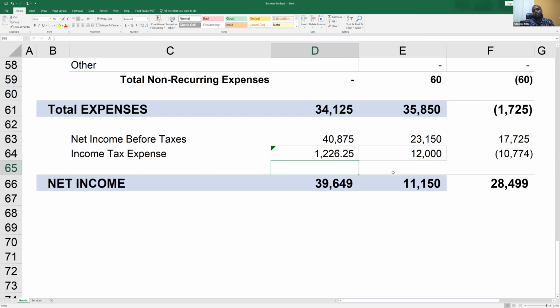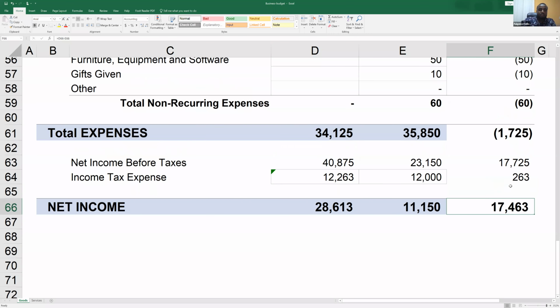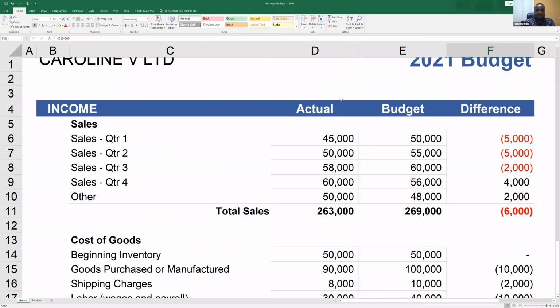That is 30%. So our 30% tax, we can put it to the nearest whole number. So that 30%, which is this amount of money, and you have your net income. So you're also able to see you're projected to have a net income of 11, but your net income is 28. So there is an overestimate of your income. So any question as we finish up?